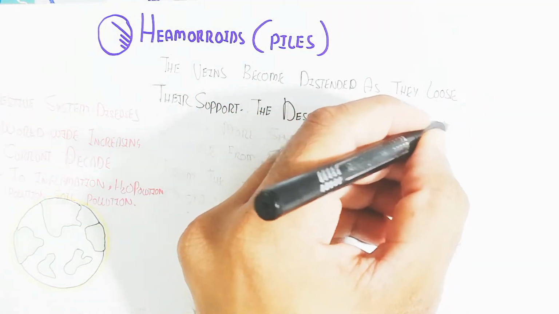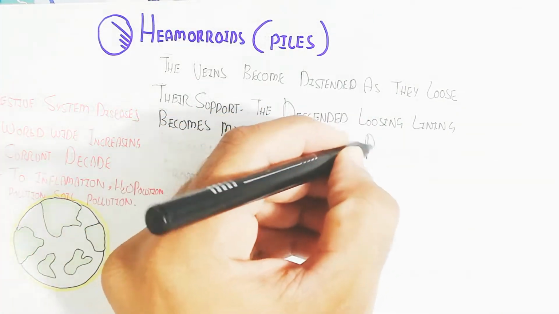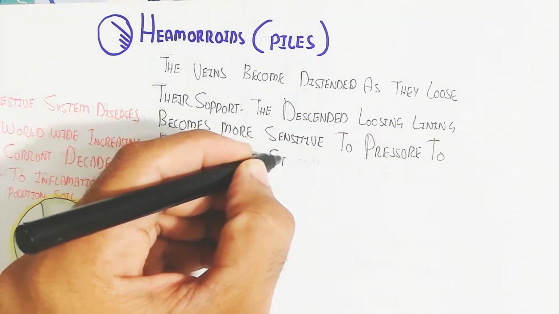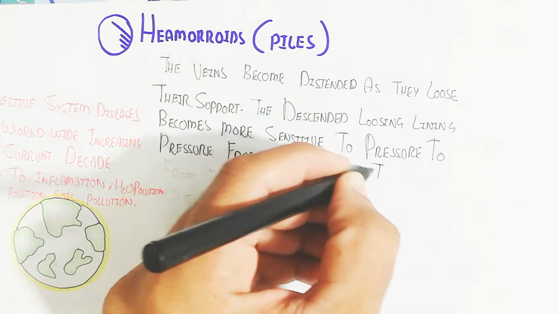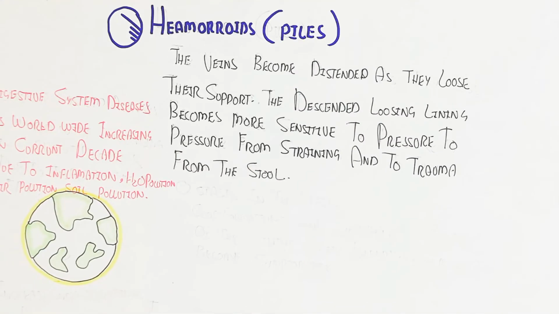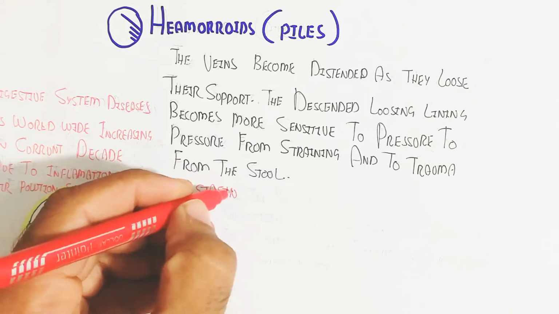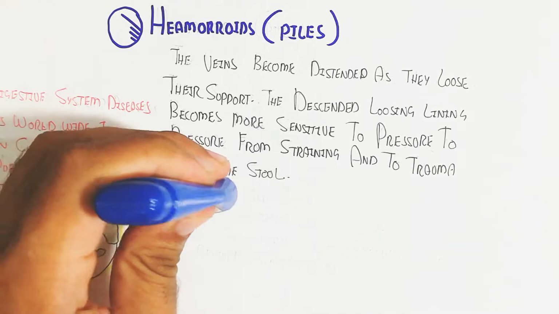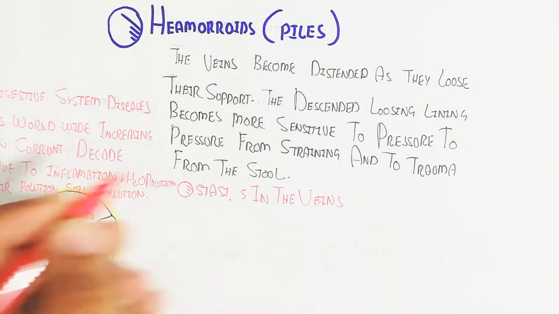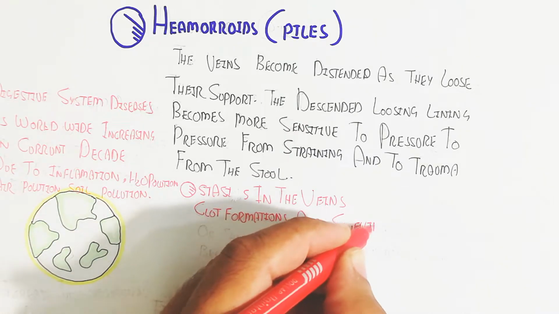The descended lining becomes more sensitive to pressure from straining and to trauma from the stool. When stool is moved, trauma will occur and lead to bleeding. Stasis in the veins will occur. Stasis means blood will bleed, and clot formation and swelling can occur, which will lead to increased inflammation or erosion.